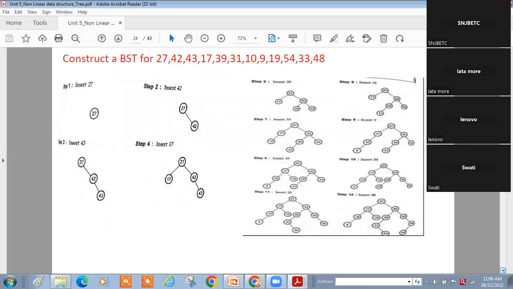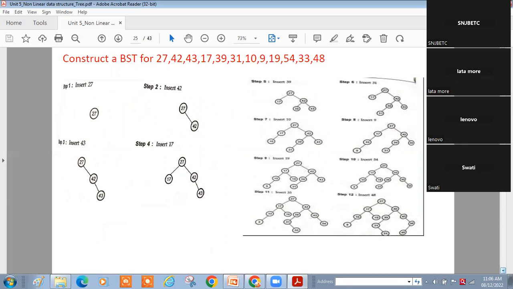So the example is given. Now observe this example very carefully. Now see students, what is given? As I told you, for a binary search tree, all the elements less than the root must be on the left hand, and all the higher values are on the right hand. So now the list is given.